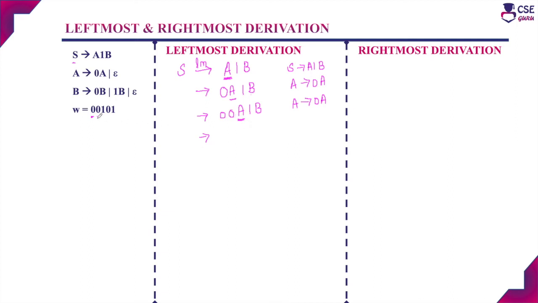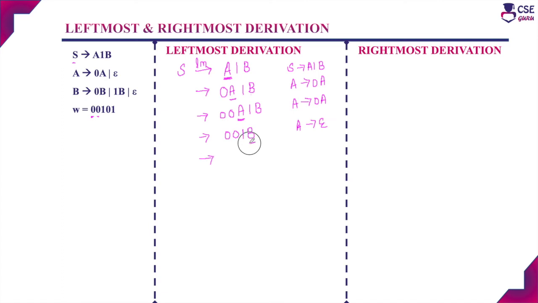And if you are checking the input string, two zeros already we got. Next we have to get 1. So if you are applying the production rule A derives 0A, the next input we will get is 0. So we cannot apply this production rule. So we have to apply the production rule A derives epsilon. Epsilon represents the empty string.